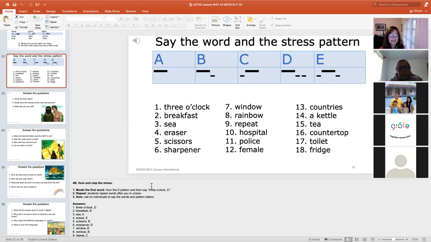So it says hum the D pattern and then say "3 o'clock" D. So the D pattern is 3 o'clock, 3 o'clock. These little dashes represent the stressed and unstressed syllables.